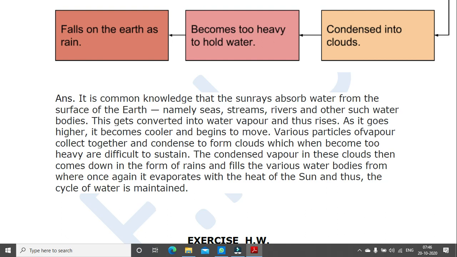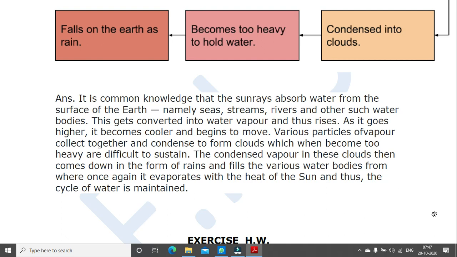Various particles of vapor collect together and condense to form clouds, which, when they become too heavy, are difficult to sustain. The condensed vapor in these clouds then comes down in the form of rain and fills the various water bodies, from where once again it evaporates with the heat of the sun, and thus the cycle of water is maintained.